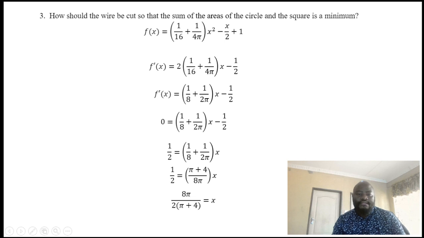We get that, and then the 2 goes into the 8 4 times. Now we simply want to write it nicely. We get x equals 4 pi over pi plus 4. And this on the calculator simplifies to 1.76 meters.